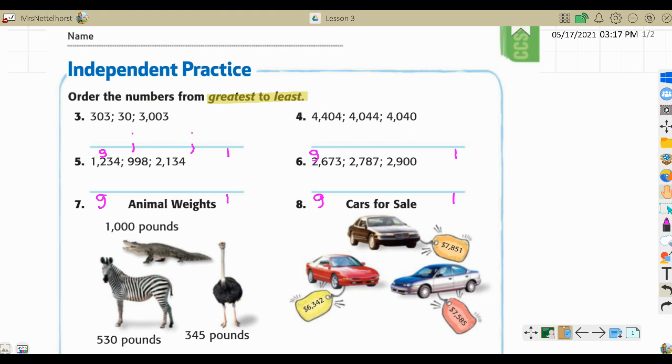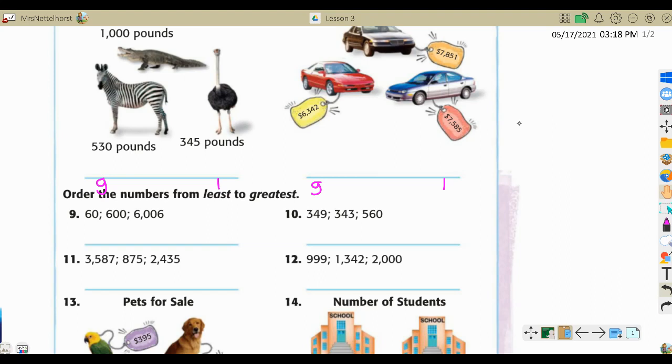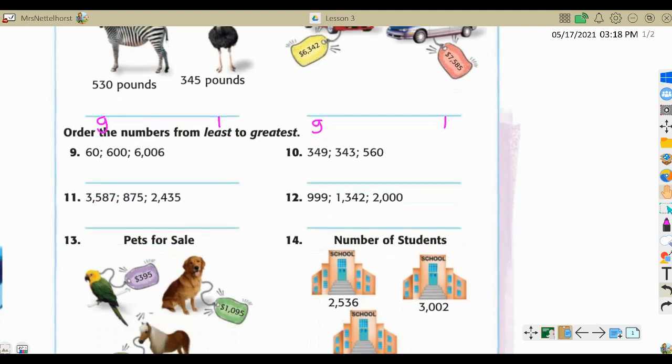Okay, so on this one is greatest to least. You'll do all 9 of these. This one's greatest, least, greatest, least. And then down here at the bottom, you're going to do it the opposite direction, least to greatest.